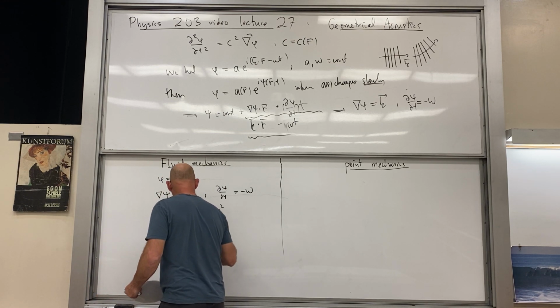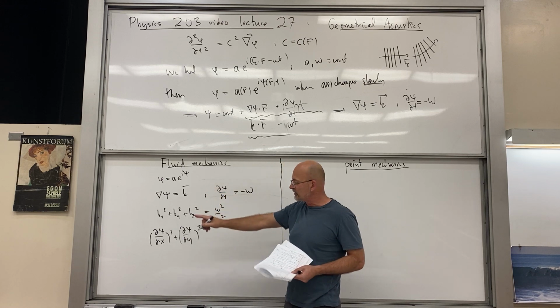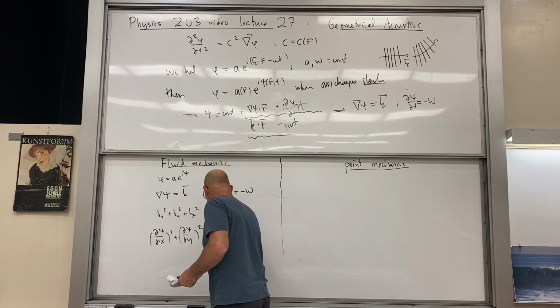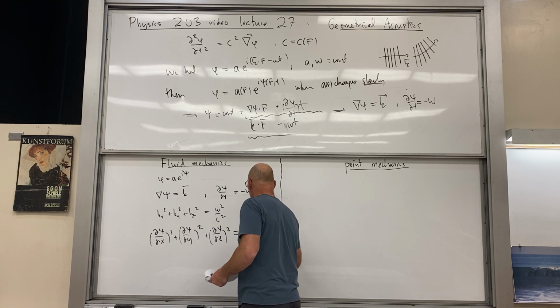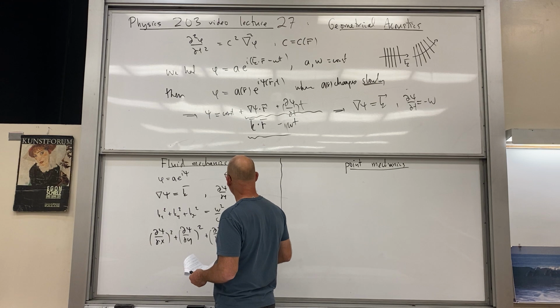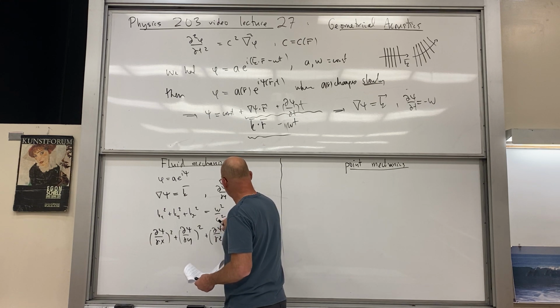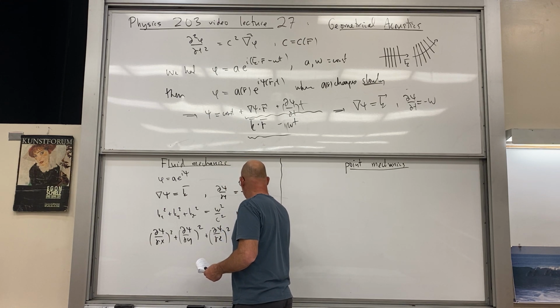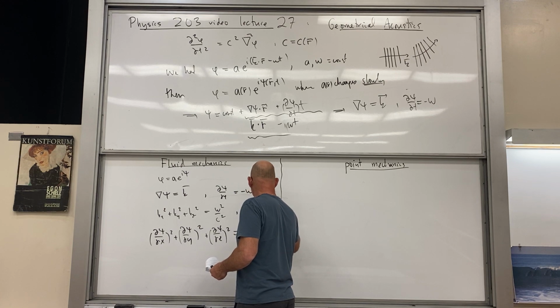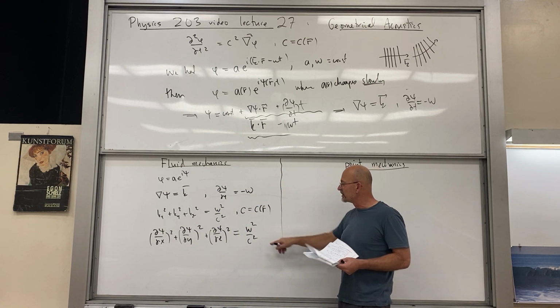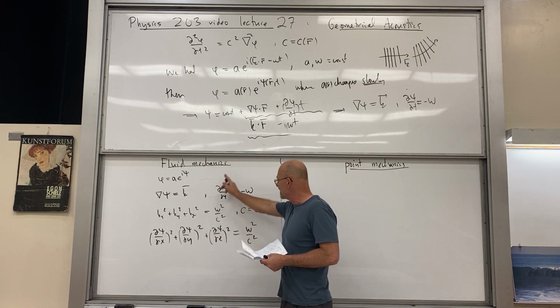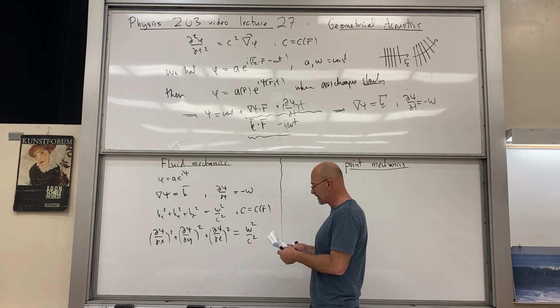We could also just say gradient of c squared, which is what this is, expanded out, plus (dc/dz) squared equals omega squared over c squared, and of course this c is a function of position, making the right side of this equation a function of position. Differential equation. This is that eikonal equation.